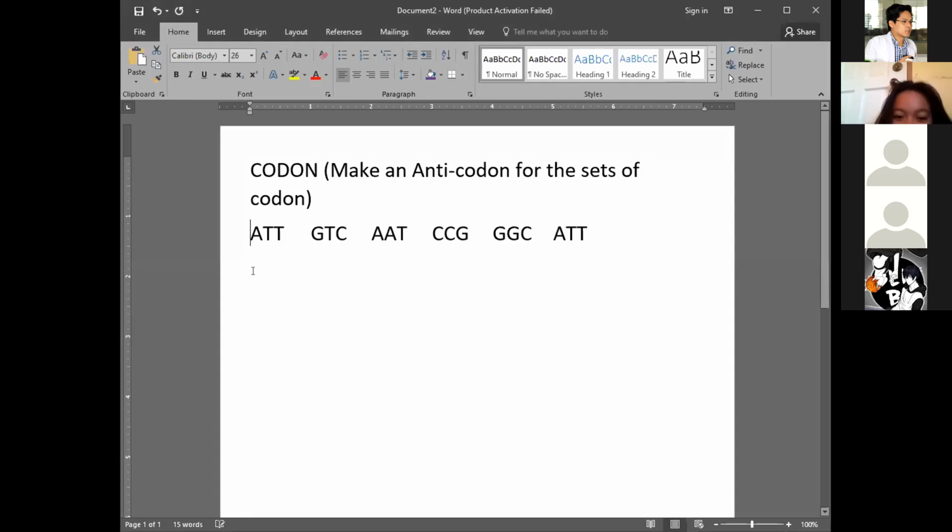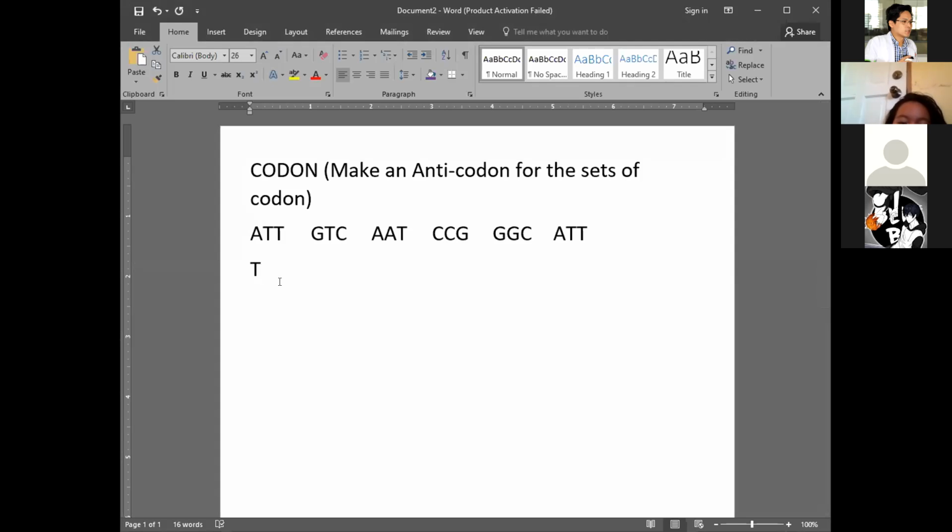So again, adenine is always paired with... Thymine. Correct. So your anticodon, the second is thymine. What else? Thymine is always paired with adenine.